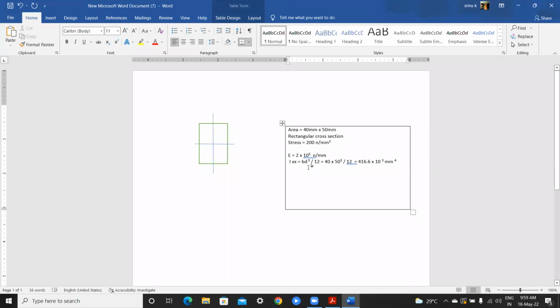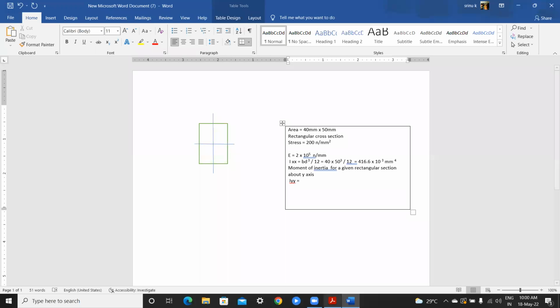Similarly, we have to calculate the moment of inertia for the given rectangular section about the y-axis. So about the y-axis, Iyy equals db cube by 12.